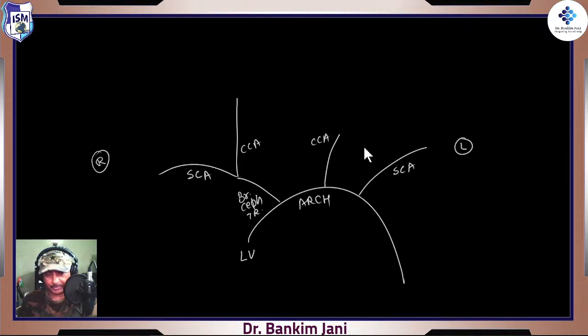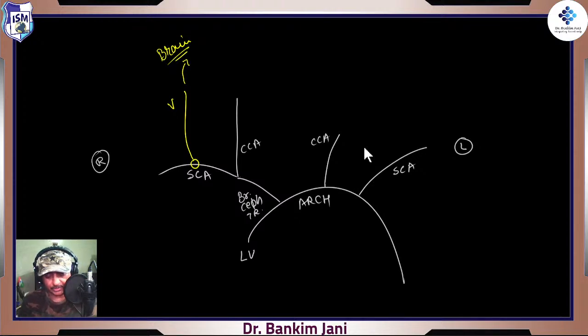Our approach would be first over here, this subclavian artery. It will be giving all those small branches. We'll see all of them, but we shall be more concerned with one, called the vertebral artery, because this vertebral artery will be going from the posterior side. It will enter into the skull, because its function is to supply blood to the brain.